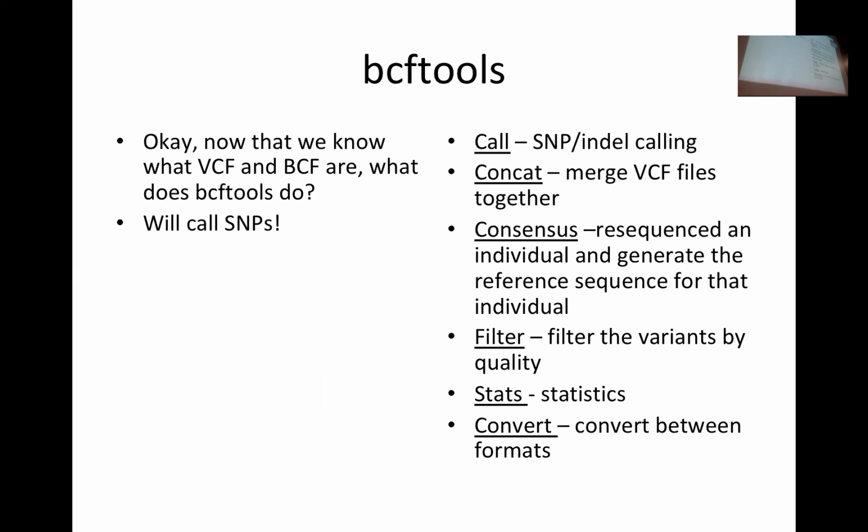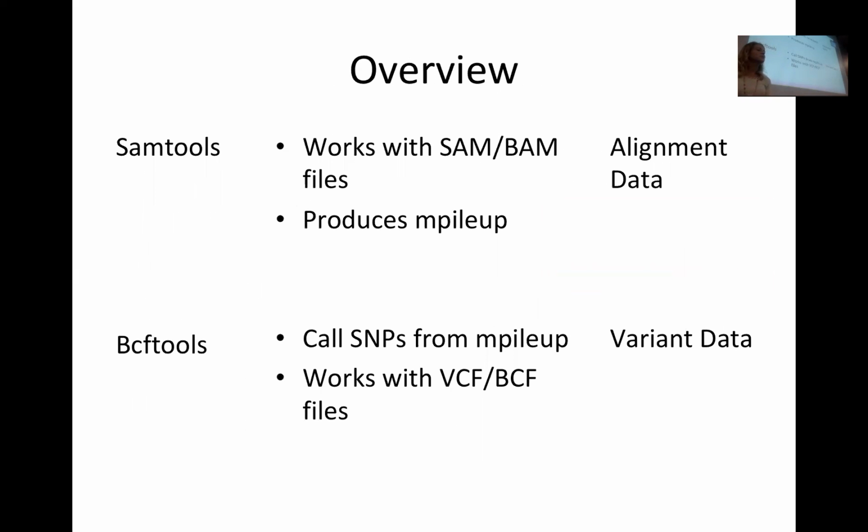So now you have a new reference genome for your individual that is customized and has all of the variants that you've discovered. So that's pretty nifty. It has a lot of filtering. It can do statistics. And it can convert between formats. So all of those things are handy. So overview: SAMtools, SAM and BAM files, alignment data; BCFtools, VCF and BCF files, variant data.